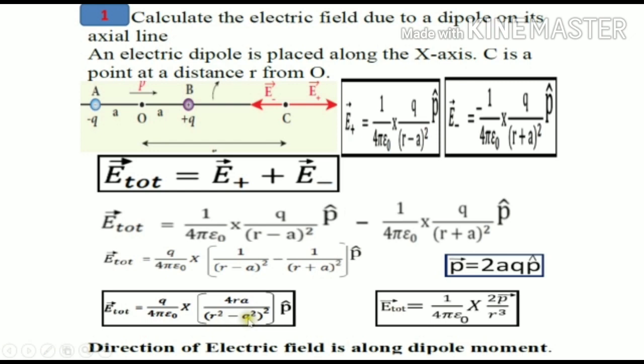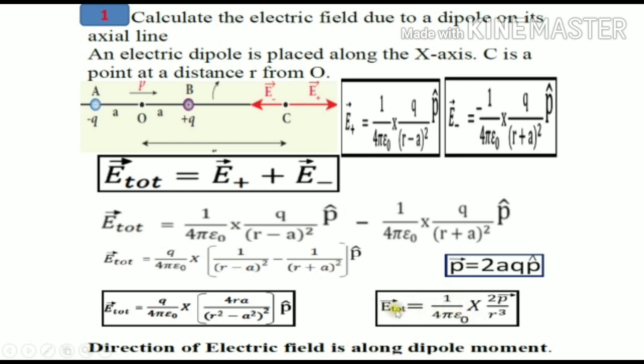So we can write 2pr divided by r power 4. Now r and r power 4 get cancelled, and we have 1 by 4 pi epsilon 0 times 2p vector by r cube. This is the resultant vector of the electric field due to a dipole on its axial line.